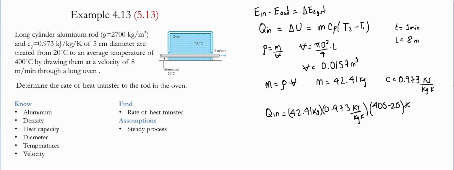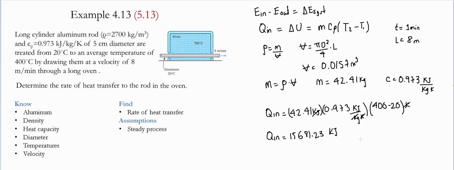Kelvin and Kelvin cancel, kilogram and kilogram cancel, therefore the unit is kilojoules, which is a unit for energy or heat, and this gives us 15,681.23 kilojoules.